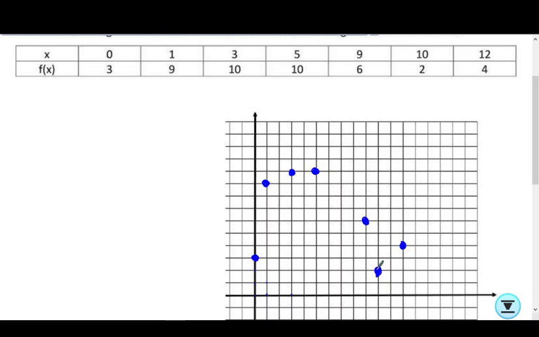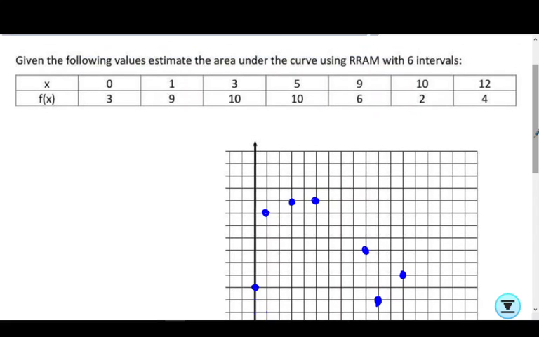So basically, we're going to be doing RRAM with these 6 intervals. We're splitting 12 up into 6 intervals, but we're not splitting it evenly. And that's going to be the hardest part about this, is we're not splitting this evenly.